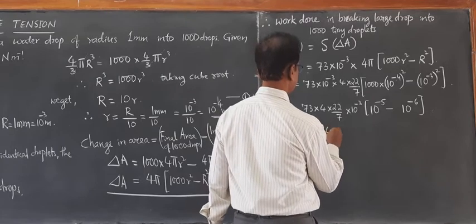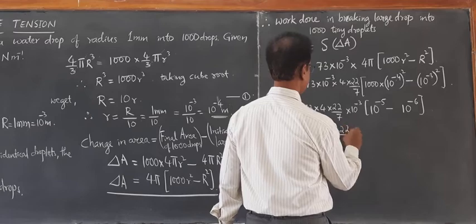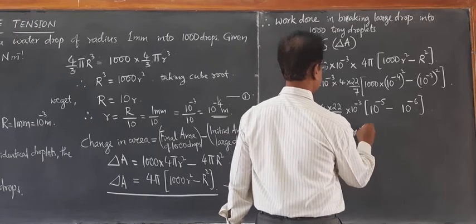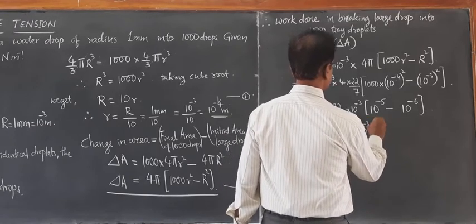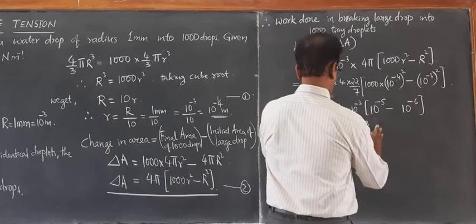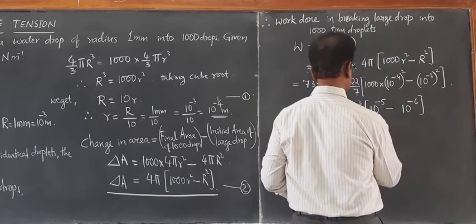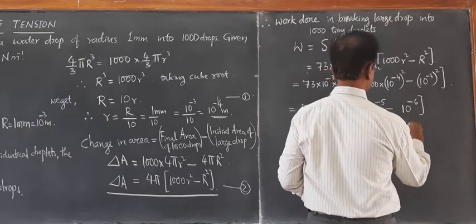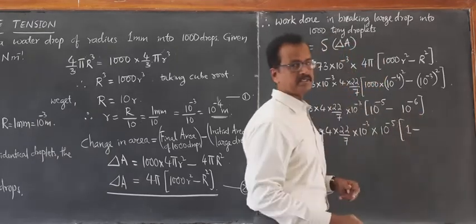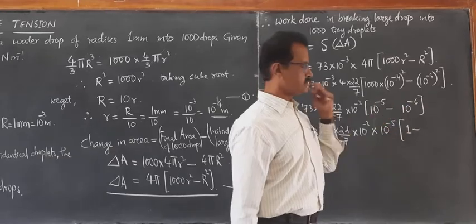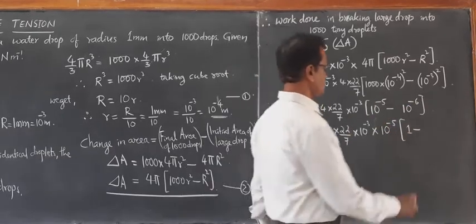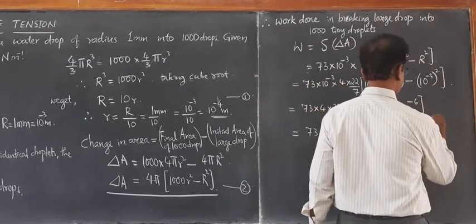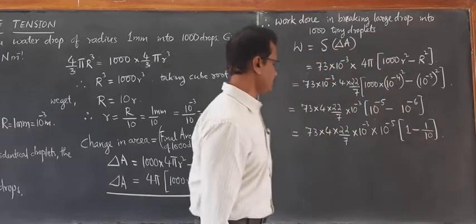So 73 into 4 into 22 by 7 into 10 raised to minus 3, into 10 raised to minus 5. You are left with 1 minus 10 raised to minus 1. 10 raised to minus 1 is 1 upon 10, so it becomes 9 by 10.